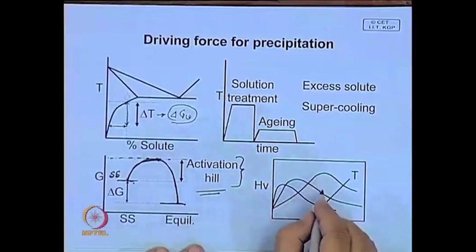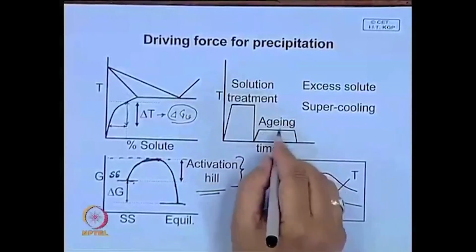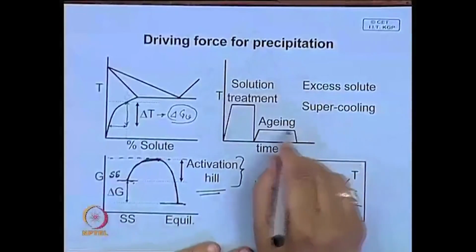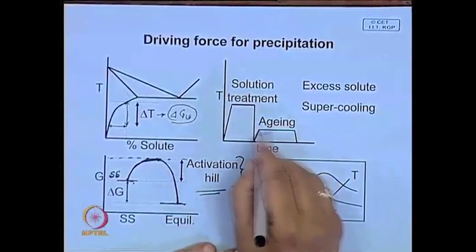But it is very easy to follow that optical microstructure examination will not show any sign of precipitation, but you can follow the transformation by measuring hardness.